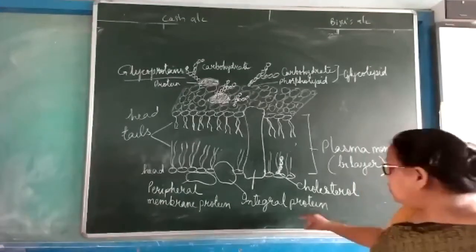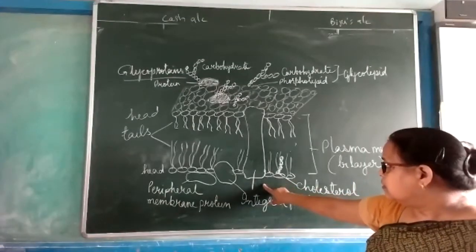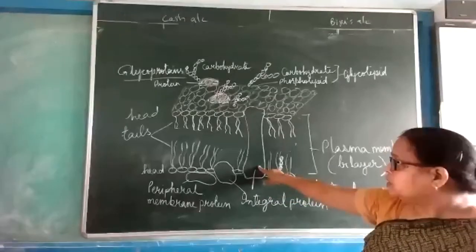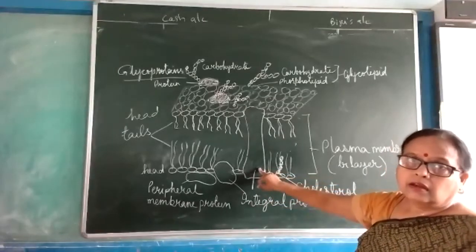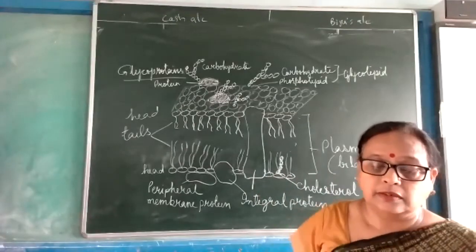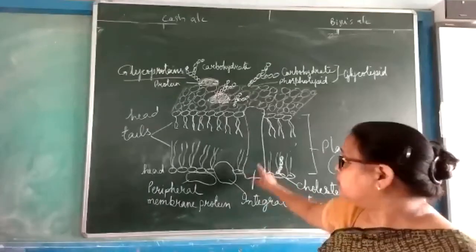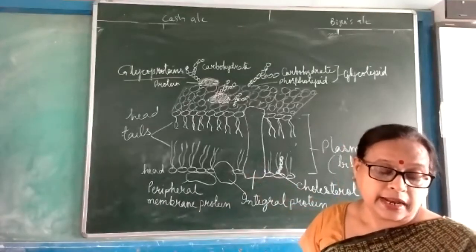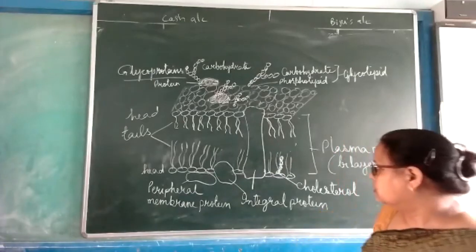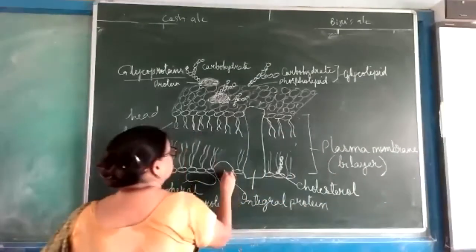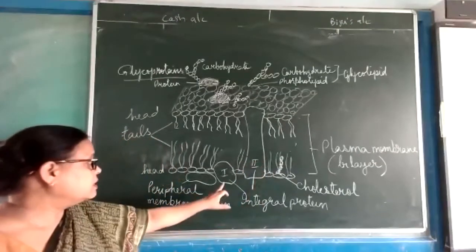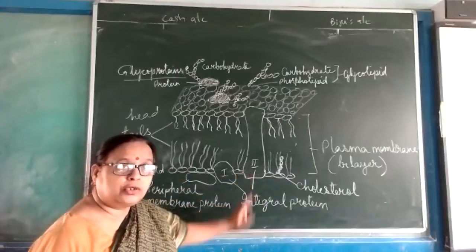So if we say about this type of integral protein, we can write about it. Integral proteins are of two types. Number one, this is number one and this is number two.